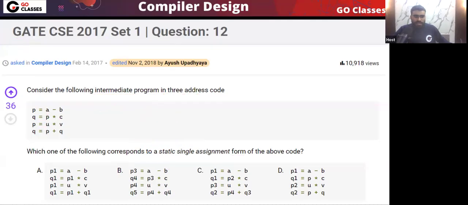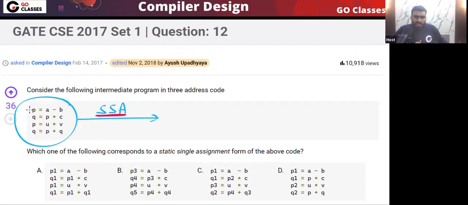Option B is actually the correct answer because, let's convert this into SSA. What does SSA say? SSA says that every variable in the program text should have a single assignment. To any variable, you should not assign more than once.